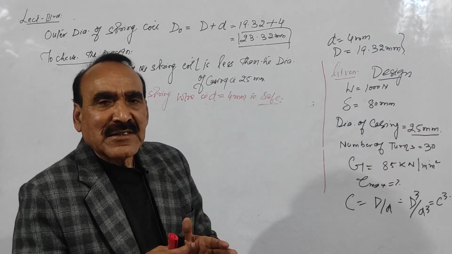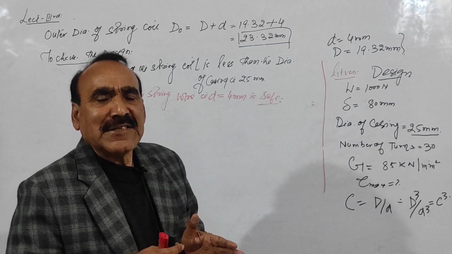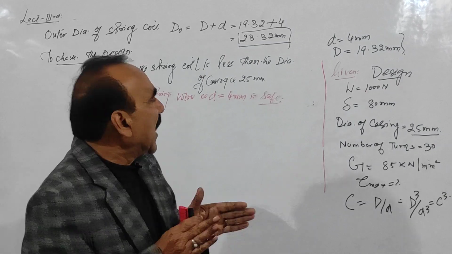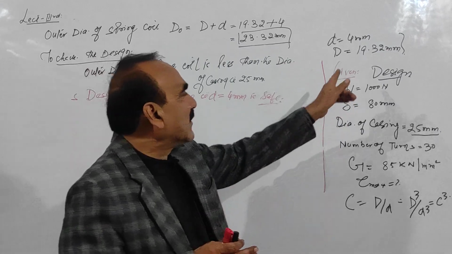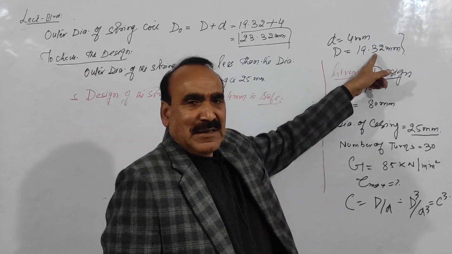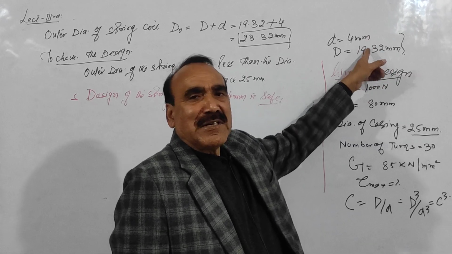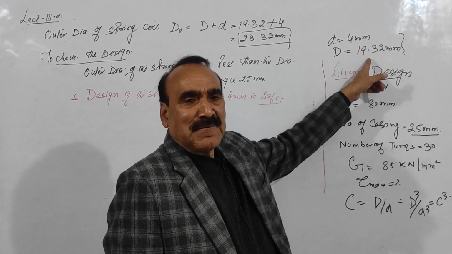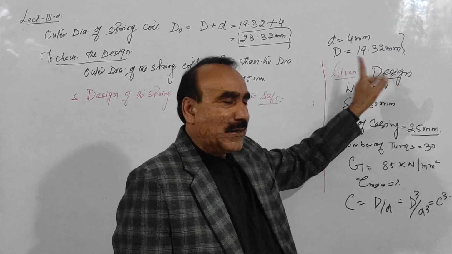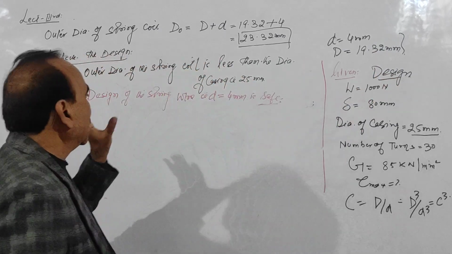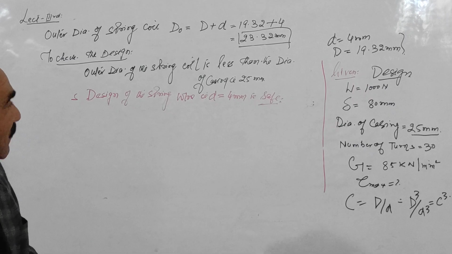So it means the parameters which we have taken, that is small d 4 mm and the mean diameter which we have calculated, that is 19.32 mm, these two parameters are within the limit. These are safe. So ये आपका आ गया. This is the first part we have done.